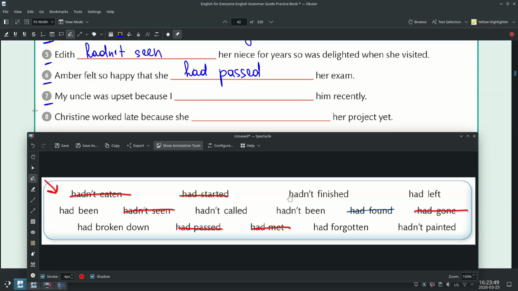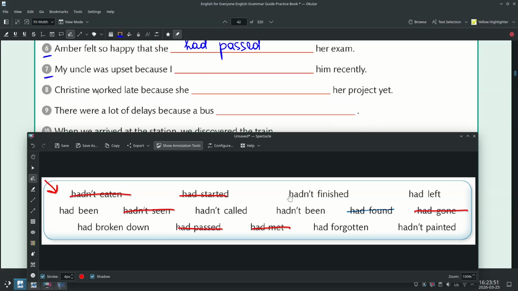Number 7. My uncle was upset because I hadn't called him recently. Number 8. Christine worked late because her project yet. Hadn't finished.